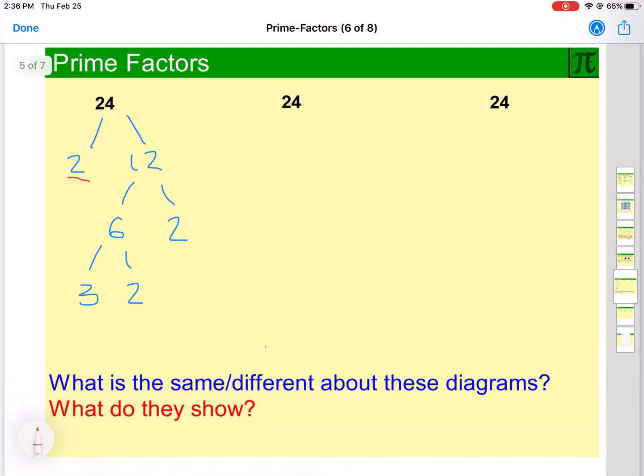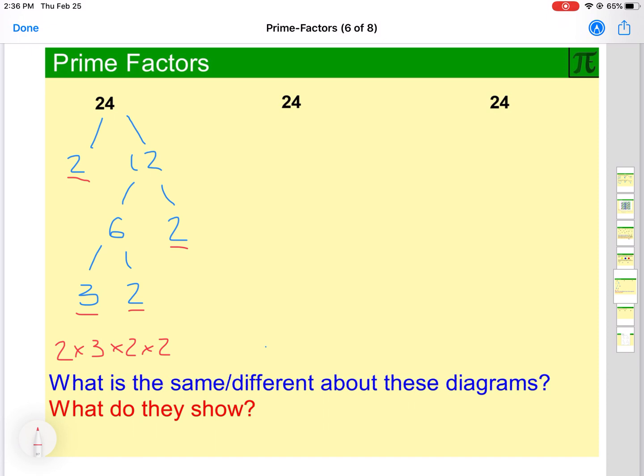These numbers here are the prime factors of 24. So the prime factors of 24 are 2 and 3, and I could also say that 2 times 3 times 2 times 2, all those together, will make 24. Make sure that works in your head, just try it quickly and make sure it does actually work. Okay?